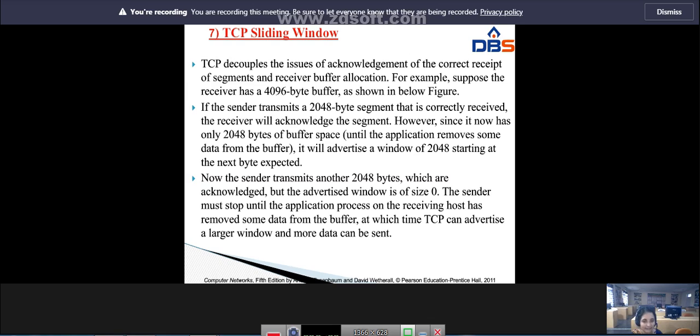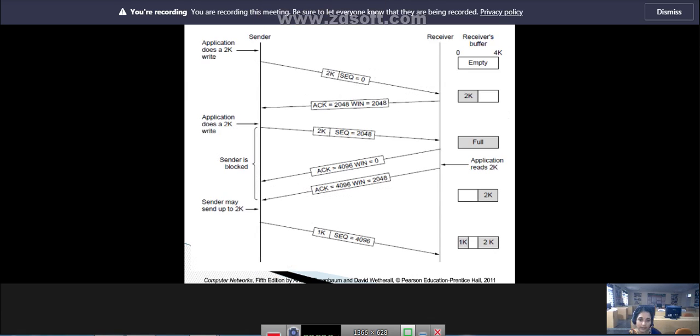Now the sender transmits another 2048 bytes, which is acknowledged, but the advertised window is of size 0. The sender must stop until the application process on the receiving host has removed some data from the buffer, at which time TCP can advertise a larger window and more data can be sent. This is the explanation of this diagram.